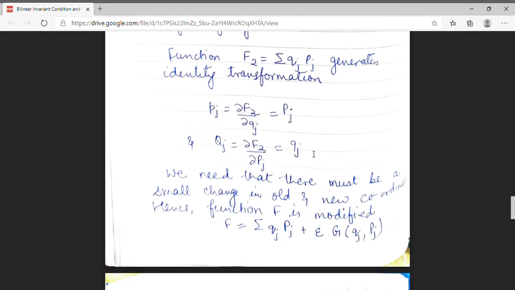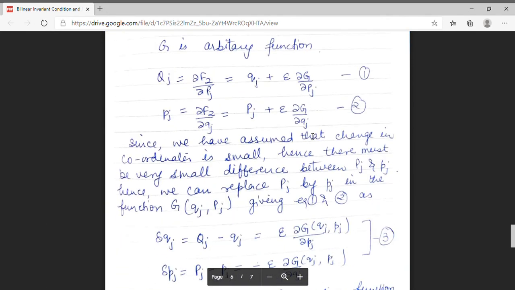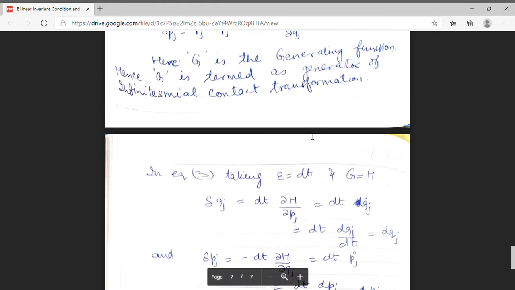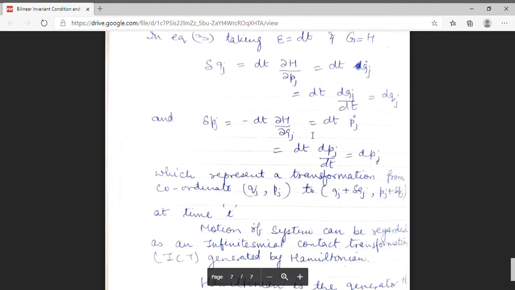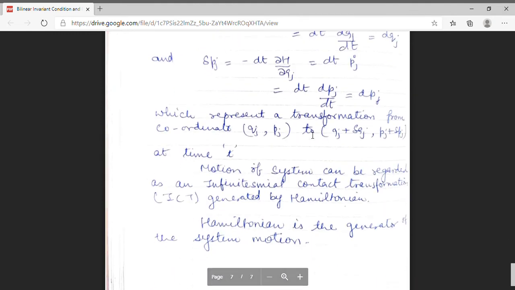And by taking our generator as the Hamiltonian, we get a motion of the system in which the variation in coordinates is exactly the same as the variation that actually happens. That means del qj will be equal to dqj and del pj will be equal to dpj.